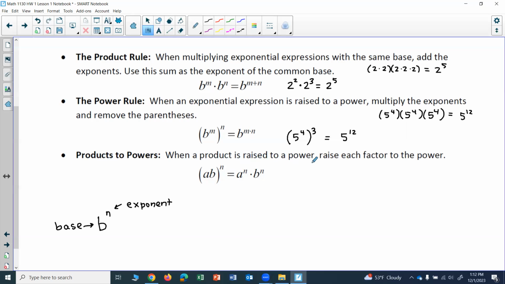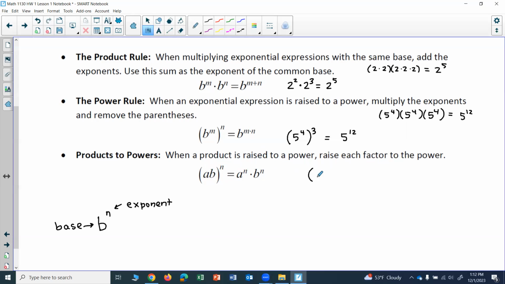The last one is products to powers. When a product is raised to a power, raise each factor to the power. So if I have a times b in parentheses raised to the nth power, that's equal to a to the n times b to the n.